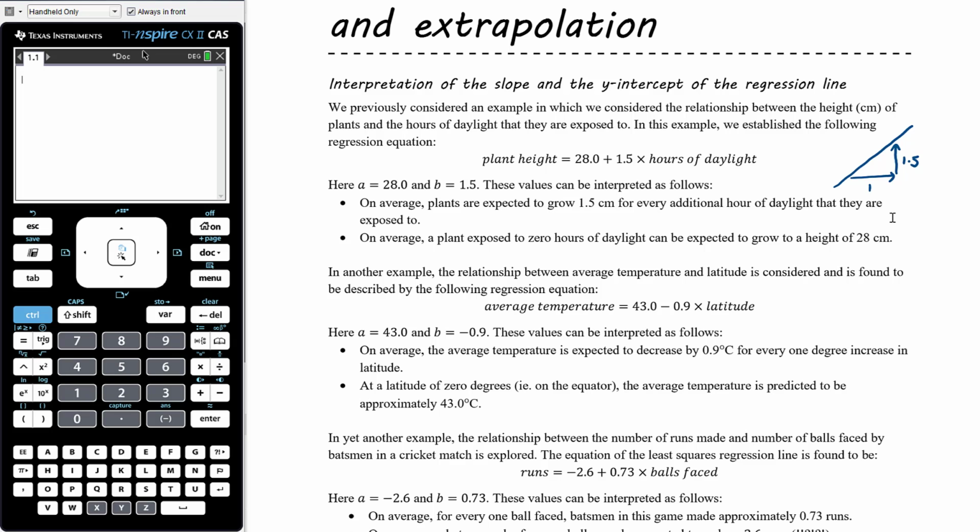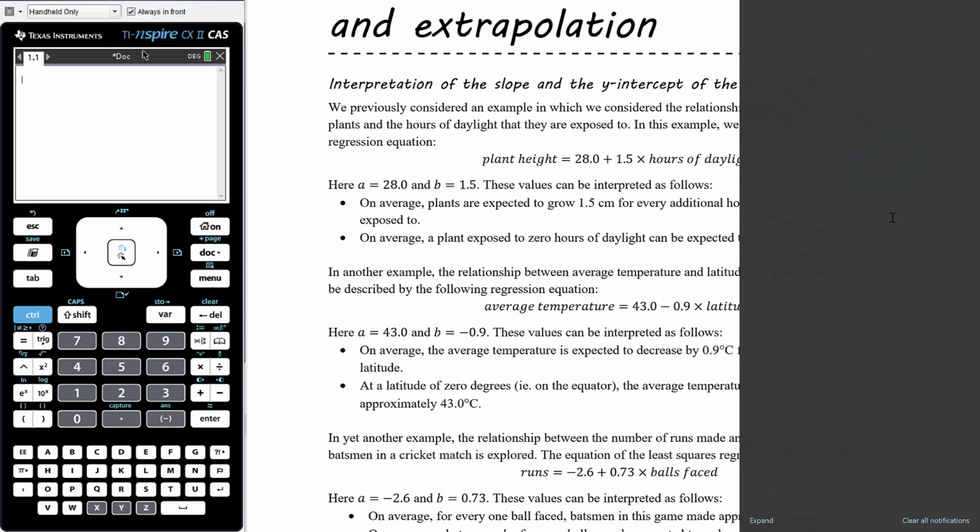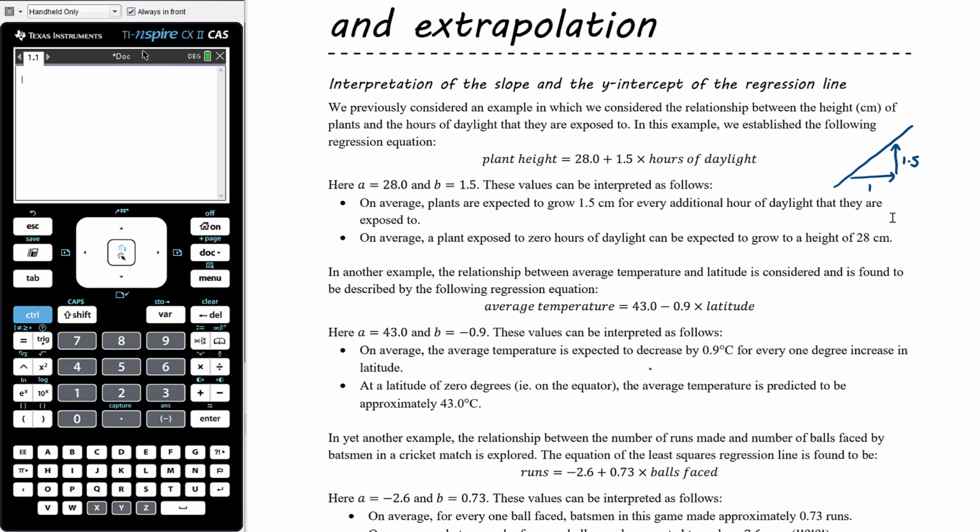So we want to be able to interpret that in the context of across is the x variable, so hours of daylight. So 1 hour of daylight is connected to 1.5 centimetres of height of the plants. Okay, is essentially what our gradient is telling us.